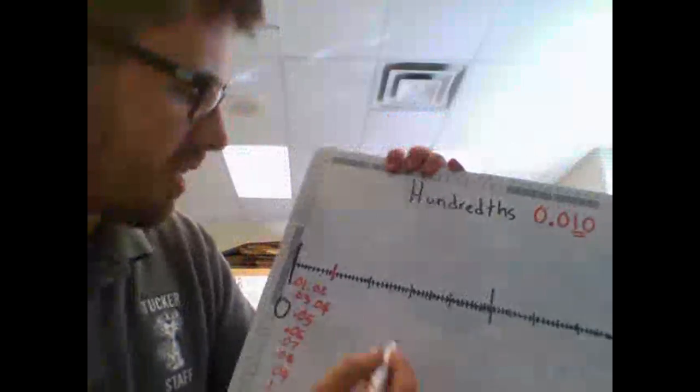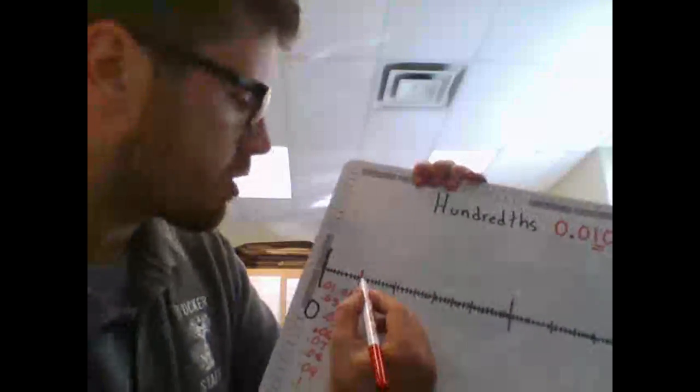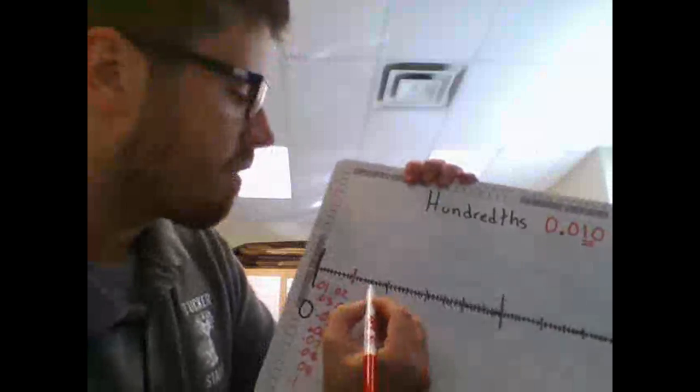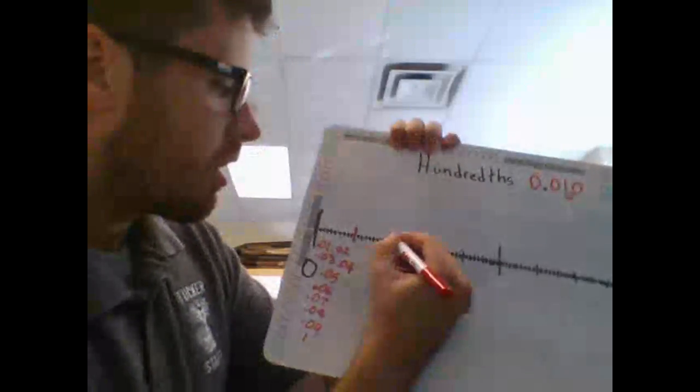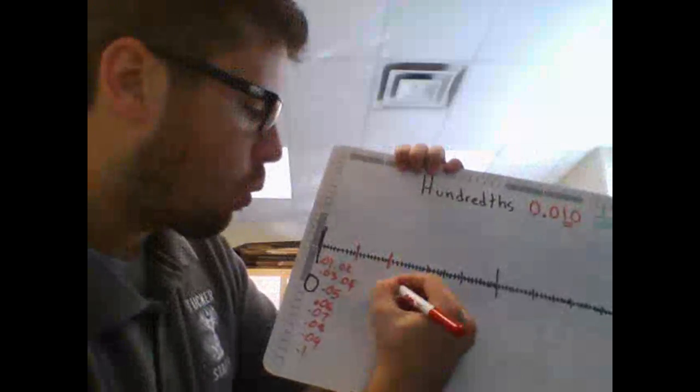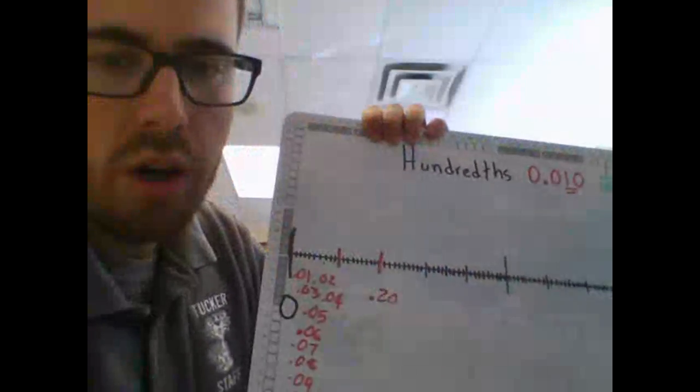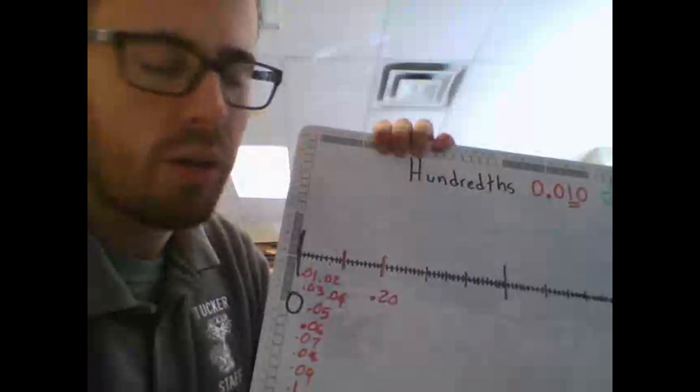Okay, I got to speed this up a little bit. Okay, we got 11/100ths, 12/100ths, 13/100ths, 14/100ths, 15/100ths, 16/100ths, 17/100ths, 18/100ths, 19/100ths. Here we have 20/100ths, or 2/10.